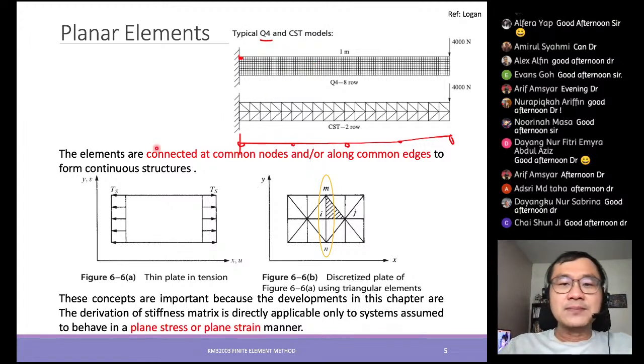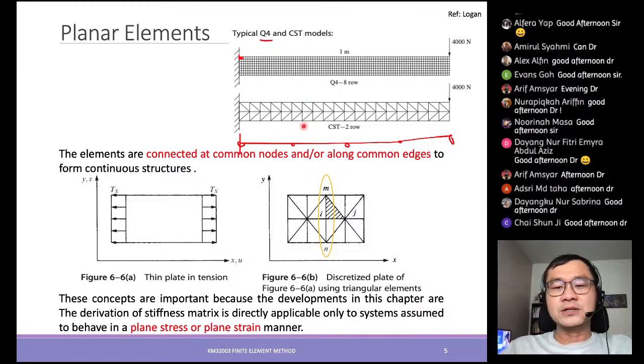So these elements, again, as previously, it is required by the finite element method itself, that all these elements must be connected with a common node. So if you want to connect more than one element, then these elements with the same node must share a common node, shared by all the elements around this.